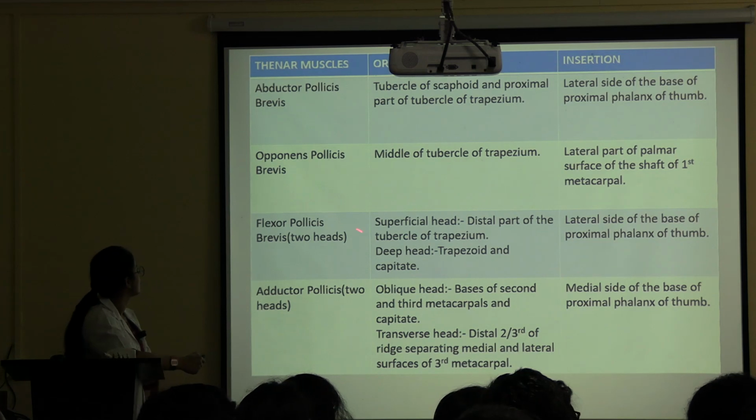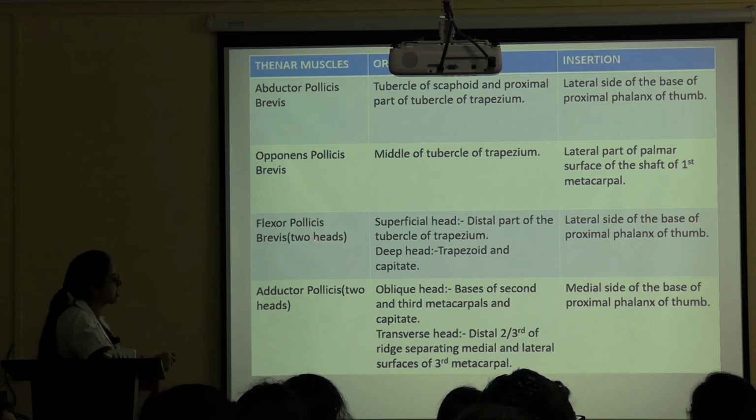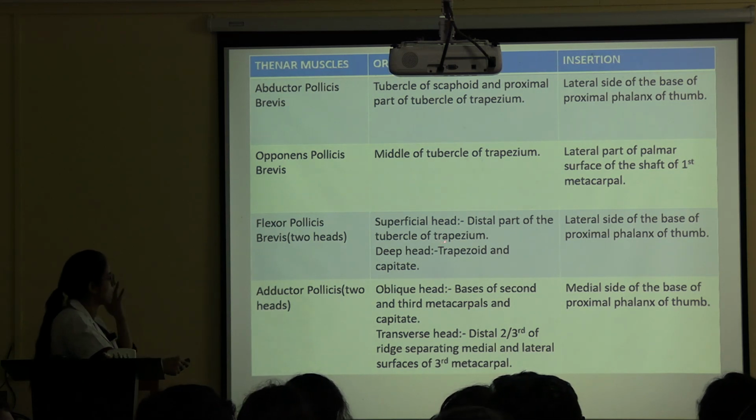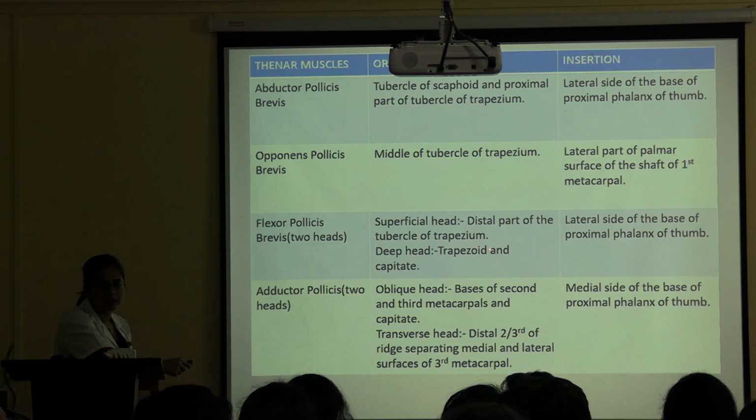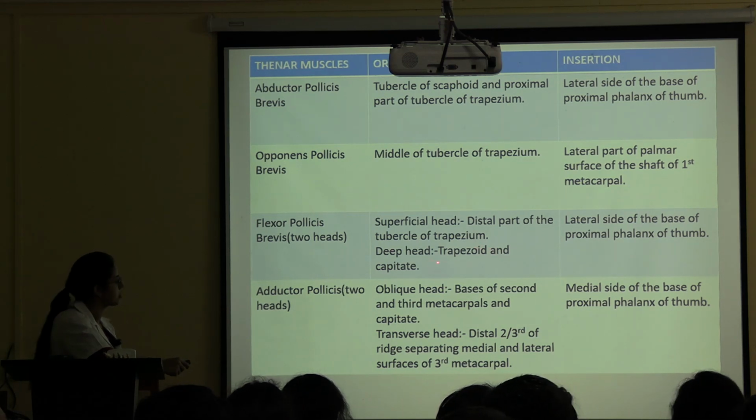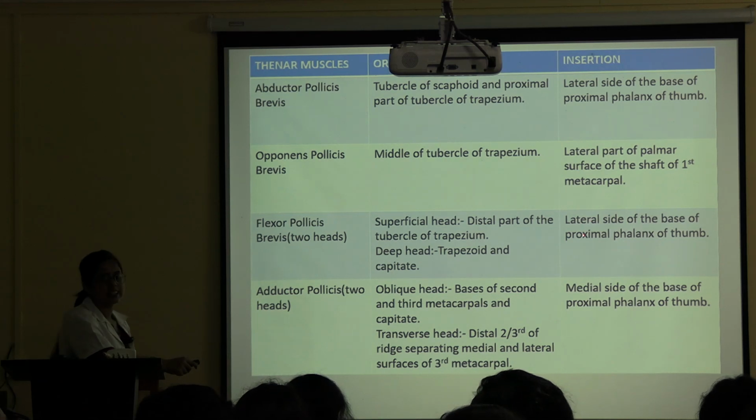Clear? Now flexor pollicis, as I have told, has two heads. One is the superficial head, another is the deep head. The superficial head originates from the distal part of the tubercle of the trapezium, and the deep head originates from the trapezoid and capitate. It is inserted on the lateral side of the base of the proximal phalanx of the thumb.